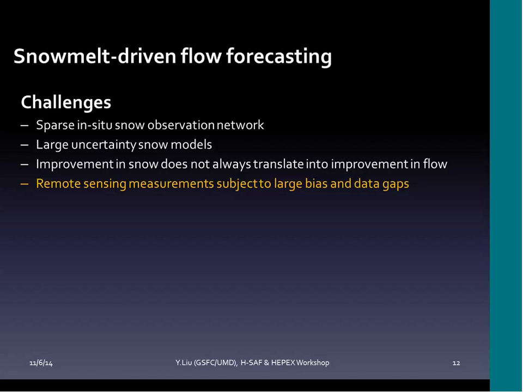Finally, getting into the flow prediction part with snow data assimilation. As we have already discussed, there are a lot of challenges, mostly because remote sensing data are not reliable at the moment, especially in complex terrains.